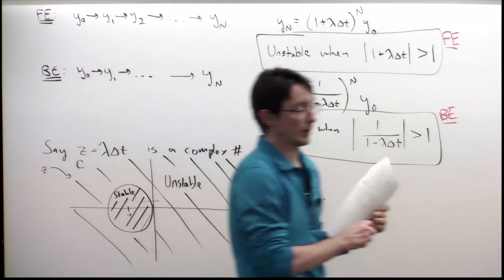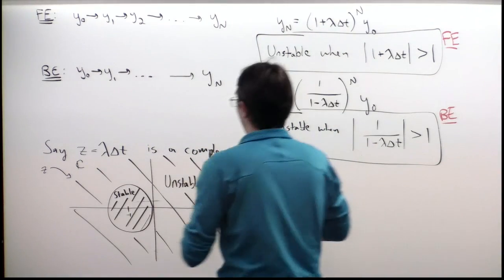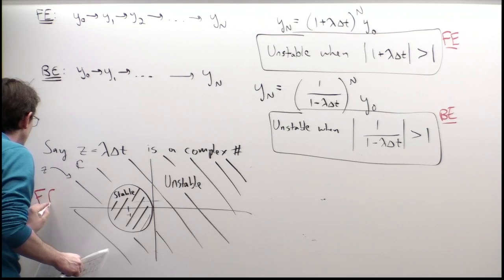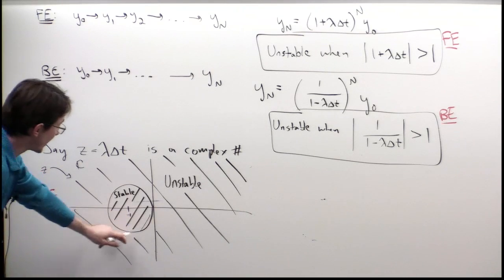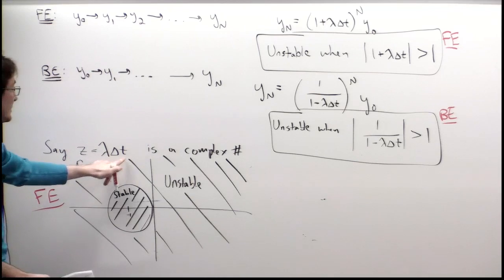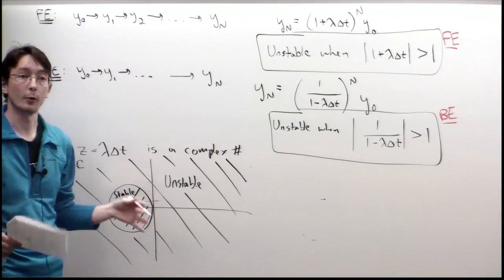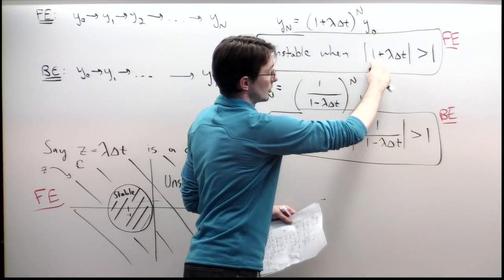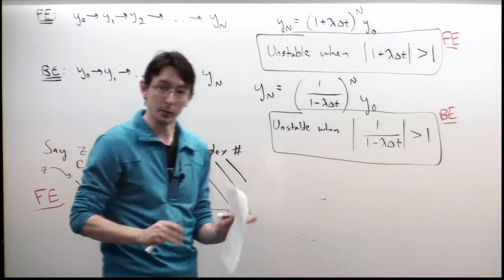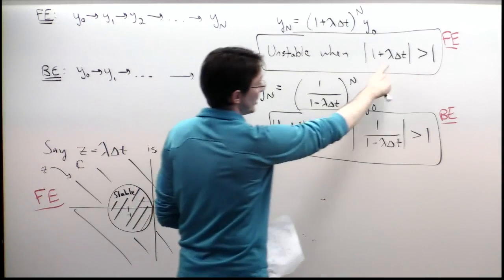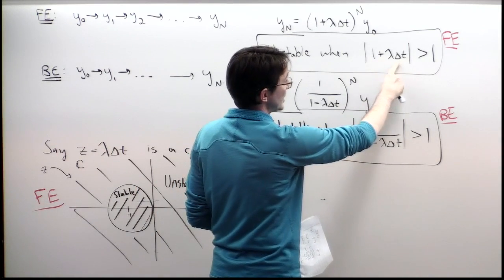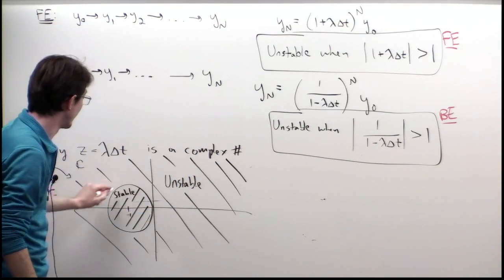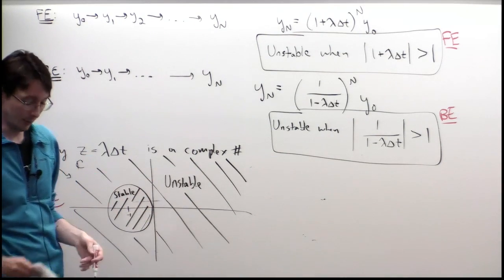This is for the forward Euler case. There's only this very small circle where lambda delta t can exist where forward Euler is stable. I would recommend that you try to derive that from this expression up here. It's not so difficult. Just plug in a z here and find out what z has to equal for this unstable condition to be true, and you'll find that for anything outside the circle, it's unstable.